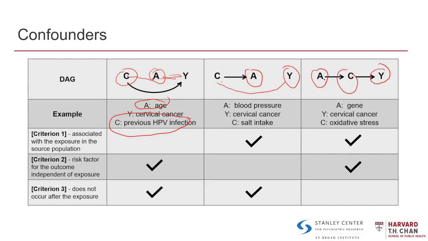The exposure and the outcome have in between them the confounder, which is in the causal pathway between the exposure and the outcome. So this violates criteria 3. The confounder is associated with the outcome and with the exposure. However, it lies in the causal pathway between the exposure and the outcome.